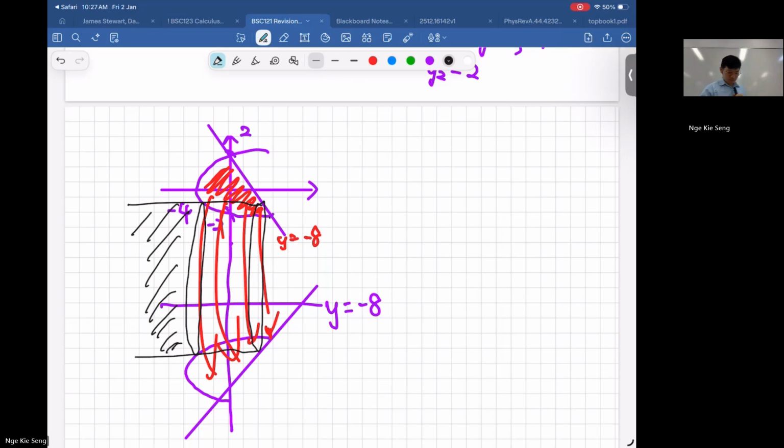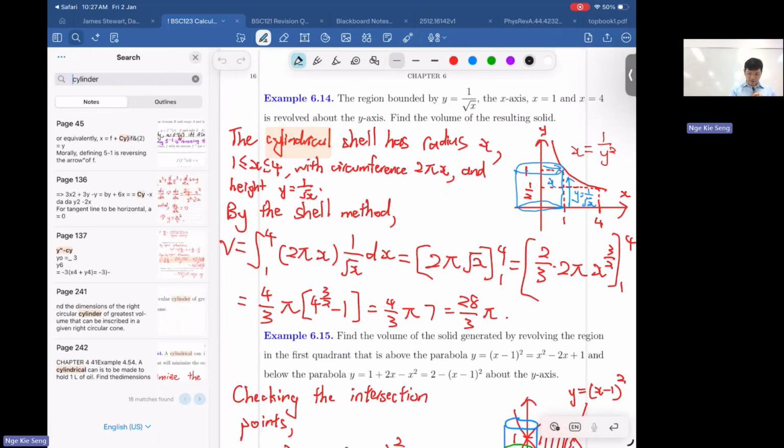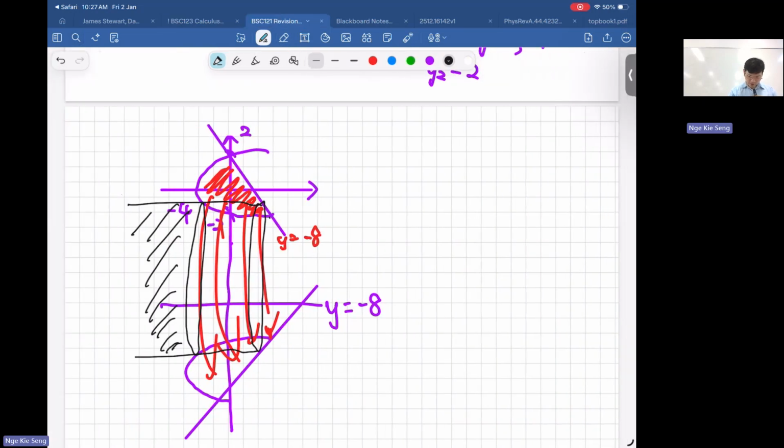Okay, so let's write down. Where's your radius? Your radius is counting from -8 up to this point here.